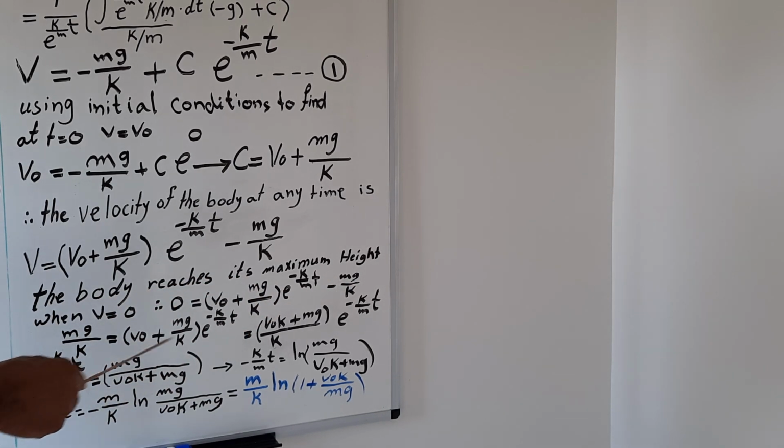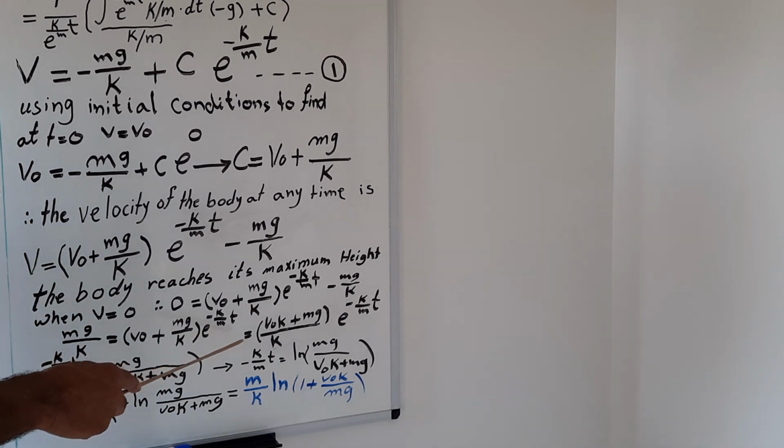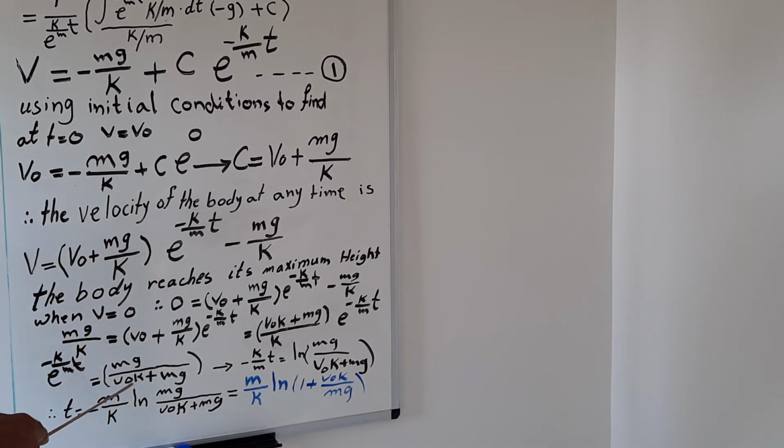And from just a few steps of solution, we find t equals minus m over k ln of mg over v naught k plus mg.